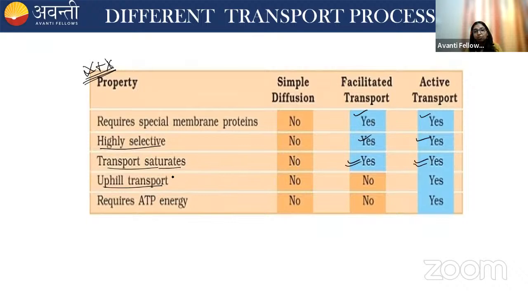When the movement of the molecule is against the concentration gradient, you observe this in active transport. Because in simple diffusion and in facilitated diffusion, the movement is downhill, that is along the concentration gradient. Requires ATP energy. So ATP is required only in active transport.